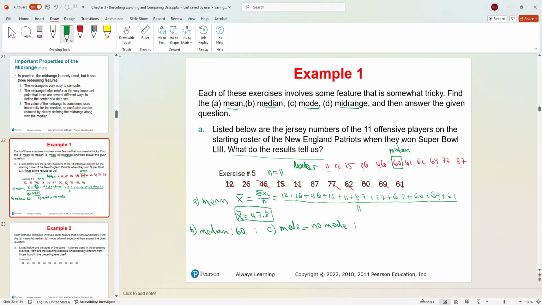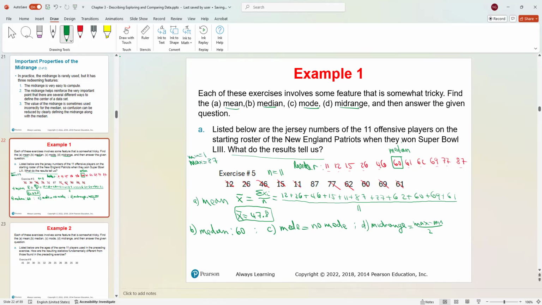Okay. Now, D, they ask you to find the mid-range. So remember the mid-range is you need to take the maximum minus the minimum, divide by 2. What's the maximum in that data set? You can see it. Max is 87.